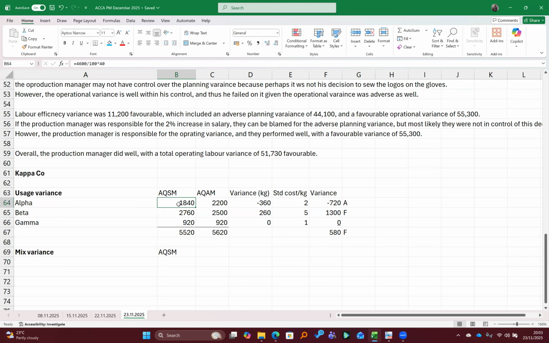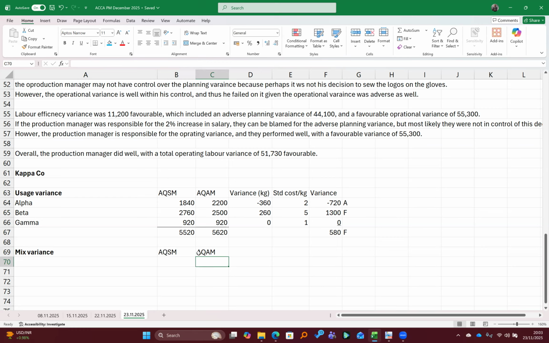So here we have actual quantity, standard mix. Then we have actual quantity, actual mix.